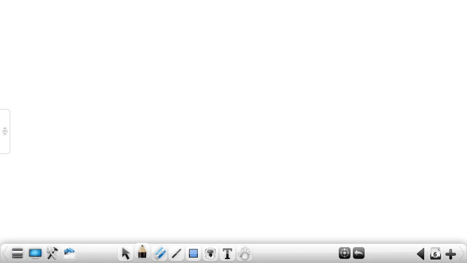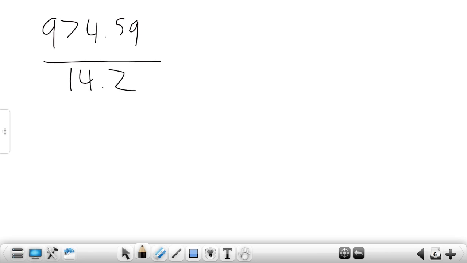Let's do 974.59 divided by 14.2. So we know we'll be using our 14.2 since that has the least amount of sig figs.